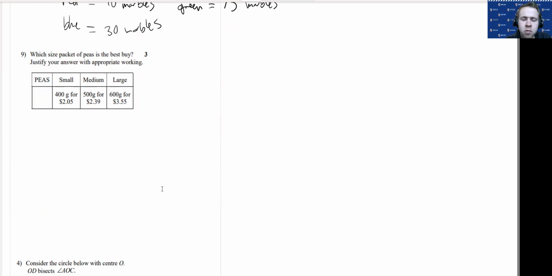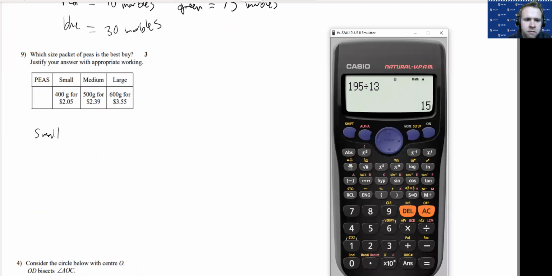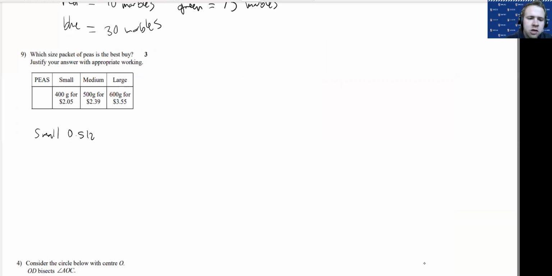If I convert all of them to a rate per 100 grams, for small, I divide 2.05 by 4, which gives me $0.5125 per 100 grams.